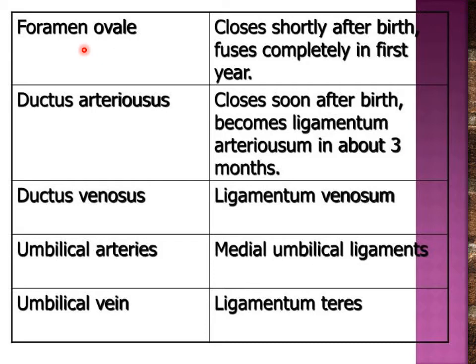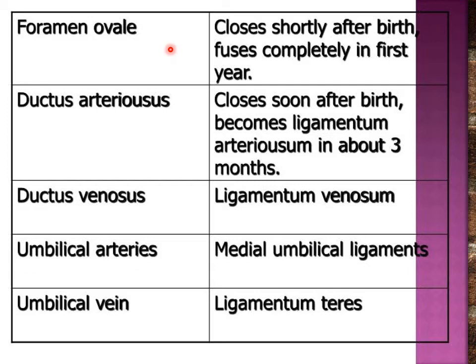First of all, very important, the foramen ovale. I hope you understood it very well in the lecture on the development of the heart, that the foramen ovale is the shunt between the right and left atrium. It closes shortly after birth because of the pressure effects. So the pressure on the right side decreases, and on the left side, in the left atrium, there is an increase in the pressure.